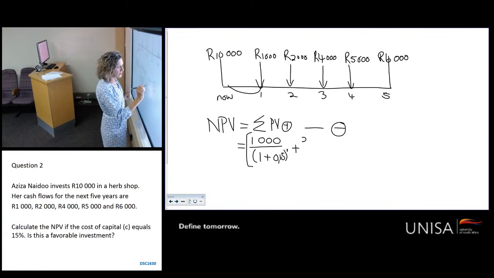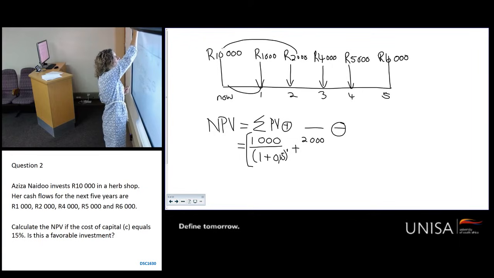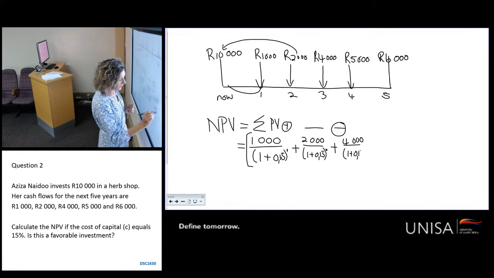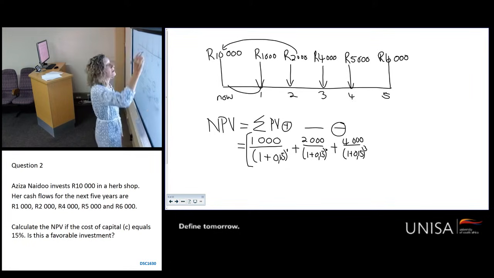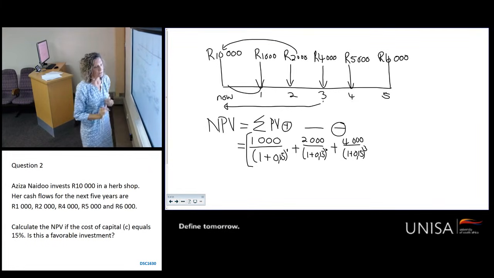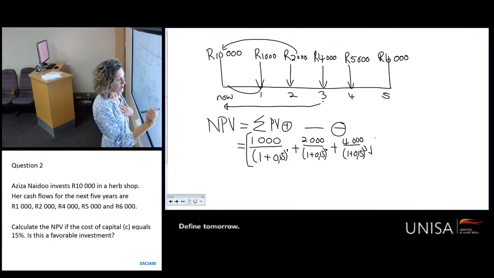Next one, 2,000. We're moving it back from here to there for how many years? 2 years. So it's 1 plus 0.15 to the power of 2, plus 4,000 divided by 1 plus 0.15 to the power of 3. Why? Because we're moving from here to here, 3 years, plus the 5,000.